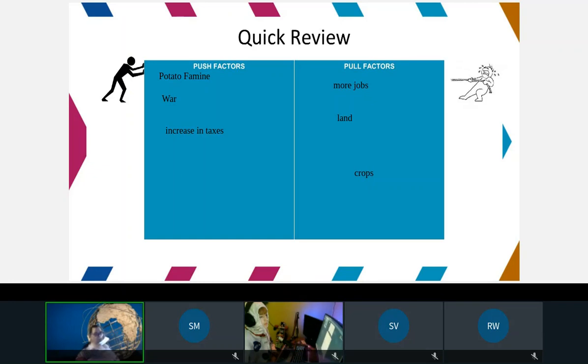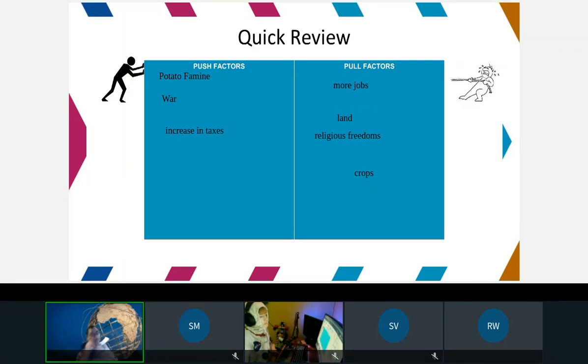What about crops? That's a pull factor. Yeah. Now, why crops? Crops can be a push and a pull, can't they? And there's also religious freedoms. Mm-hmm.